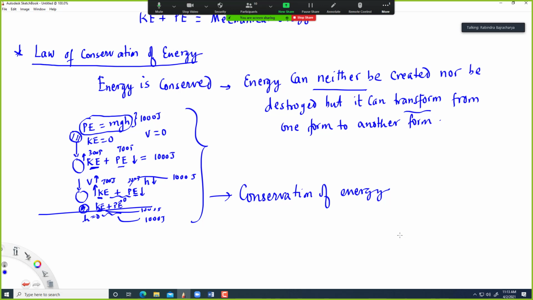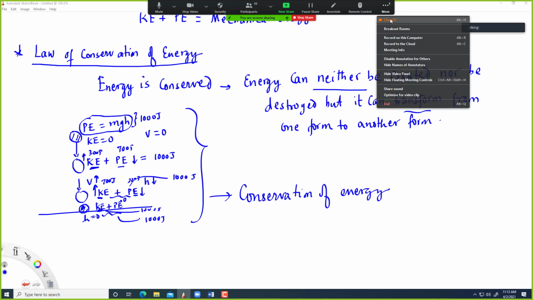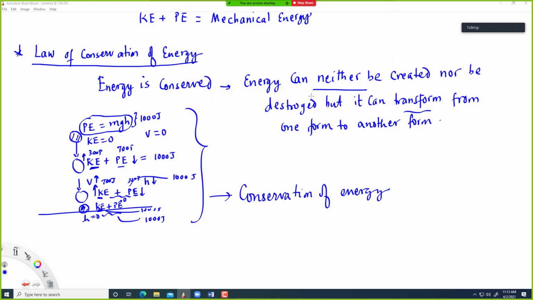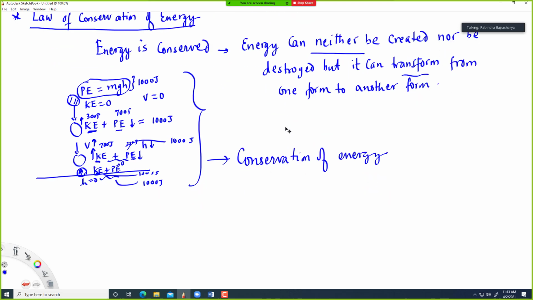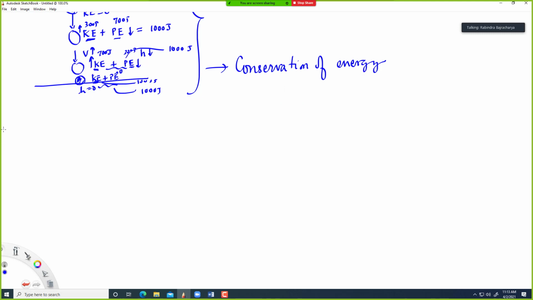Okay, so let's look at this problem. Initial height is 3 meters. Calculate the rock's velocity when it falls to 1 meter above the ground. So, conservation of energy. Let's say the initial position of the rock is here, let's call that 1, and then we want to find the speed of the rock at point 2.